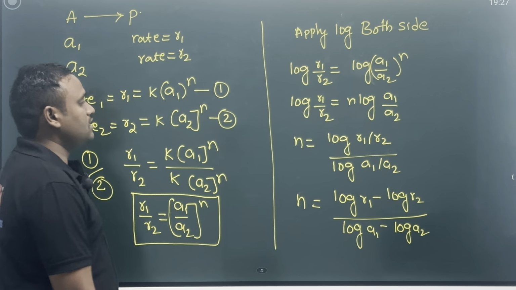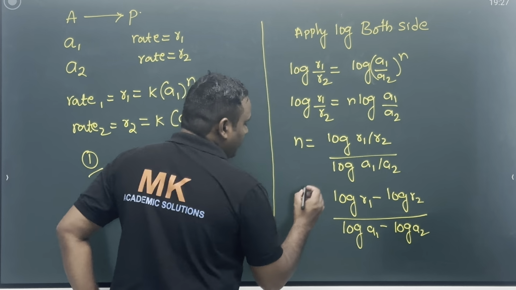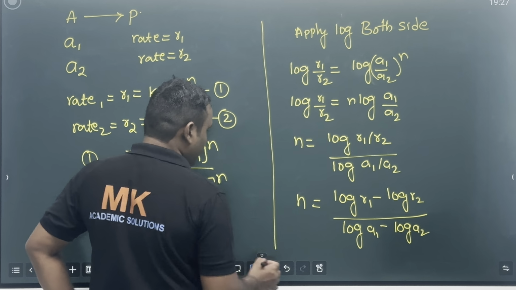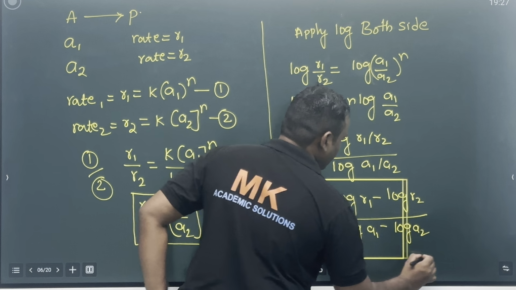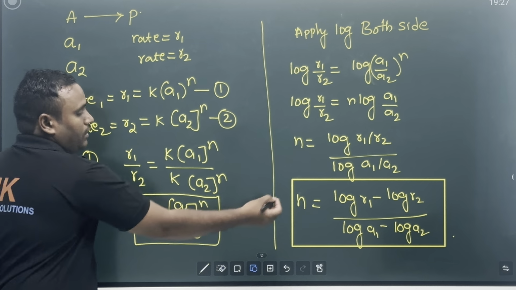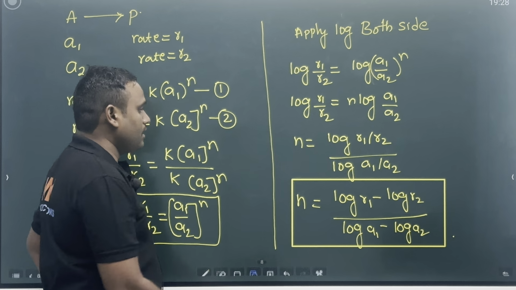Okay, in this way we are going to find the order of reaction. Here we already know n is the order of reaction. So this is the important equation for us to calculate the order of reaction.